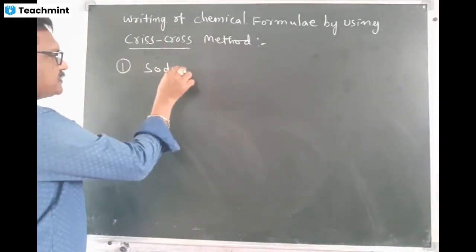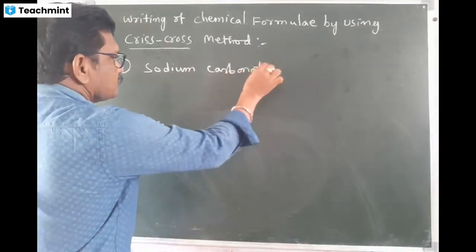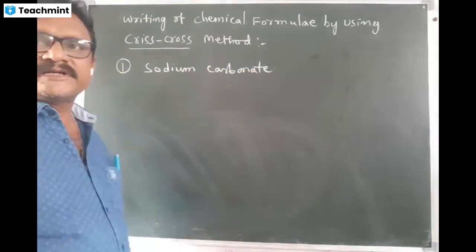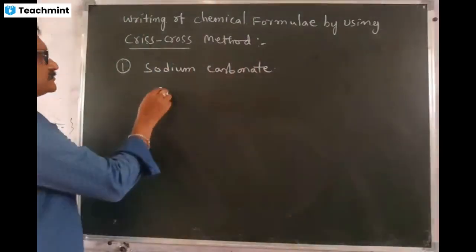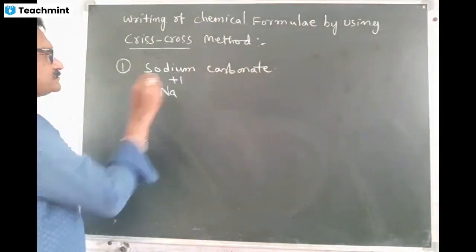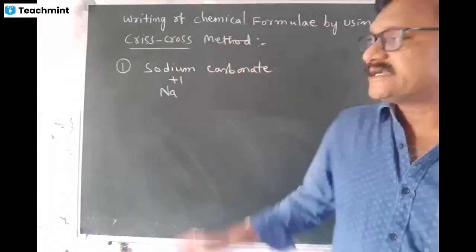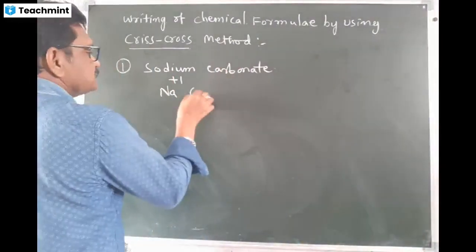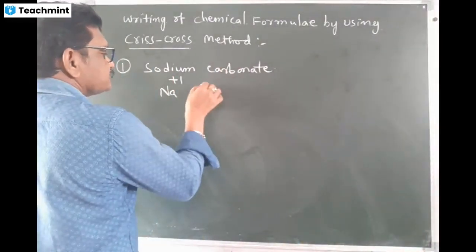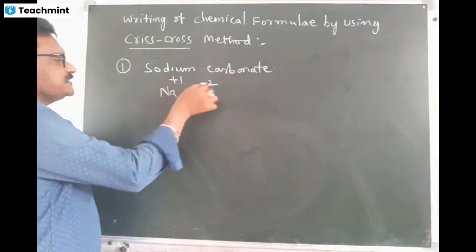Formula of sodium carbonate. How can you write sodium carbonate? What is the charge of sodium? Sodium charge is plus 1, because it is a monocharged cation. What is the carbonate charge? CO3 minus 2. So you can interchange these charges.